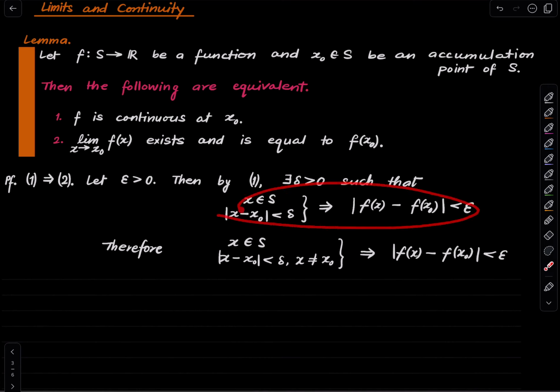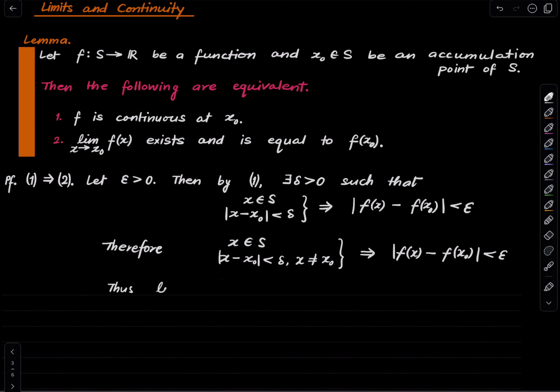This is clearly true, immediately. Here, whatever were the conditions before, you now have a subset of those conditions below. You're just dropping one more thing. So anyway, this implication should be clear to you. And that implies that 2 holds, that the limit exists and is equal to f of x0.